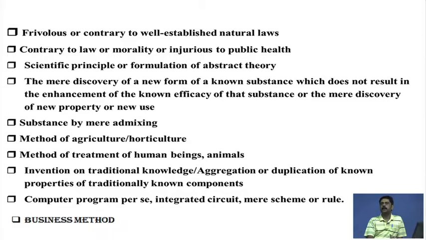One-click means that by simply clicking, based on an algorithm someone designed, you can place an order from any number of e-commerce websites. Placing an order based on that algorithm will be considered a business method, and that will not qualify to be patentable. So that is what I discussed about the subject matter which is not patentable in India.